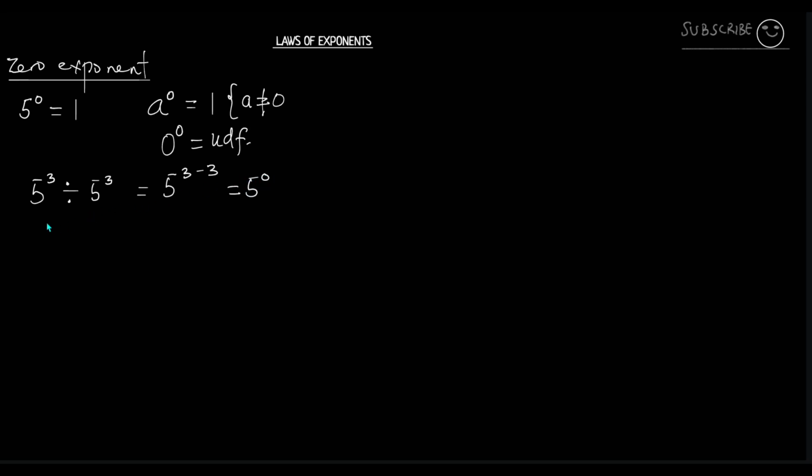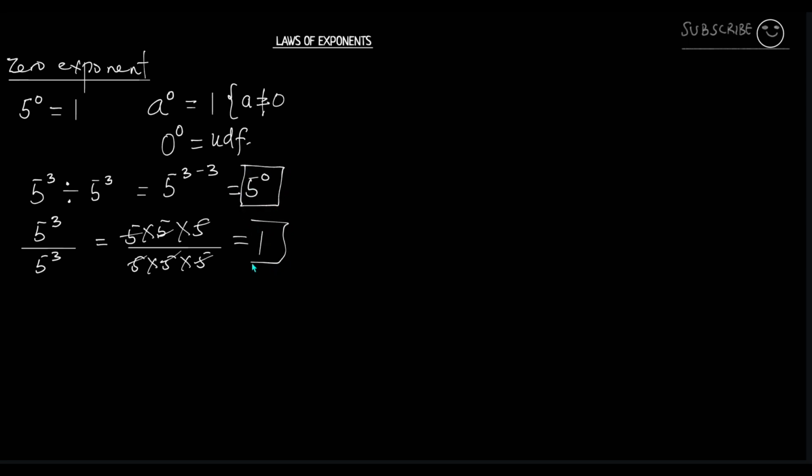Or we can say 5 to the power of 3 divided by 5 to the power of 3, which we can write by expansion as 5 in 3 places over 5 in 3 places. And when you divide each of those values, the answer is going to be 1. So 5 to the power of 0 equals 1.